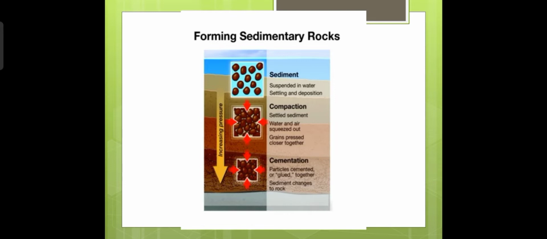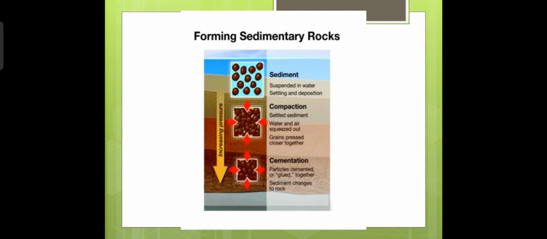The third one is cementation. Particles cemented or glued together. Sediments change to a rock. So cementation in geology is the hardening and welding of clastic sediments.